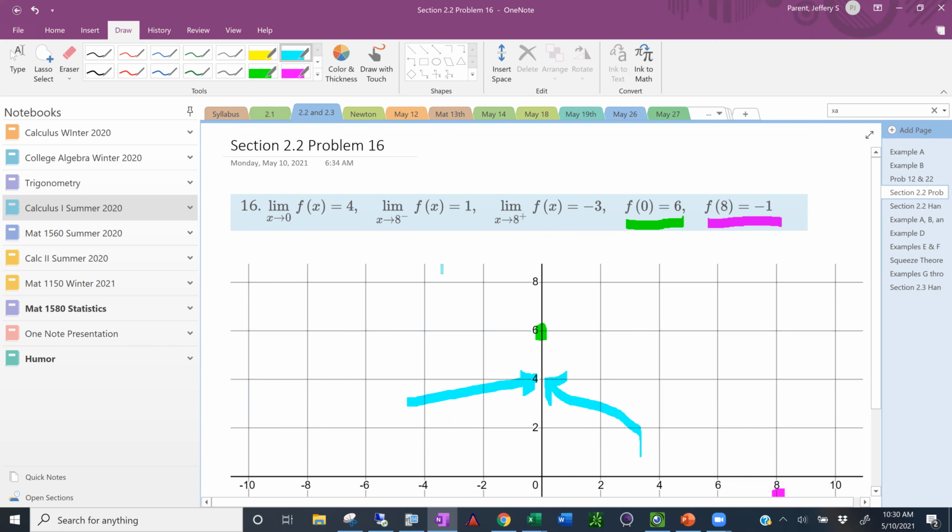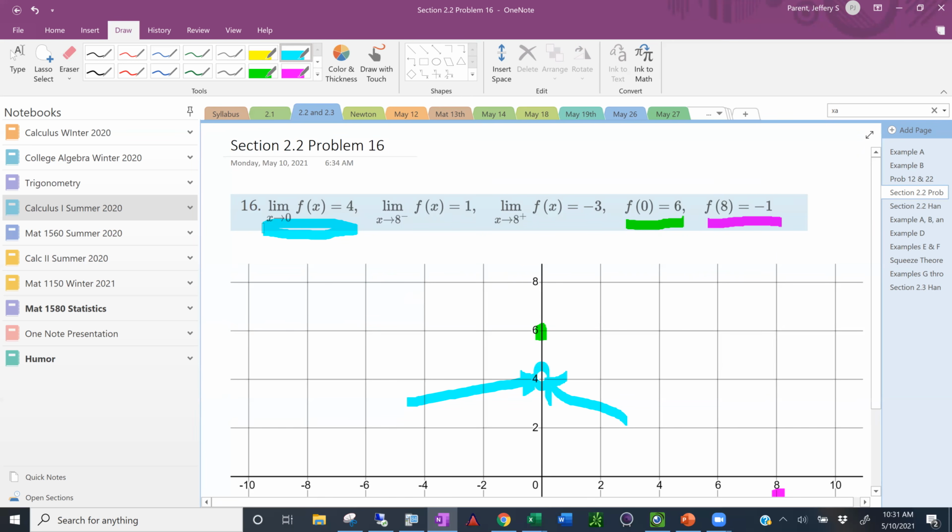And interestingly enough, the value of f of 0 isn't 4. Even though the limit is 4, you're getting close to a hollow point. The value of the function there is 6. That's okay. What it means is that the function isn't continuous at 0, but it does have a limit of 4. So that's the first part here.